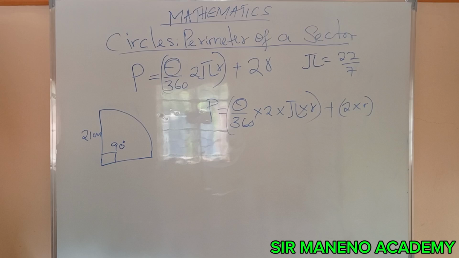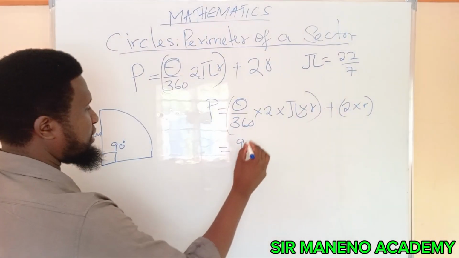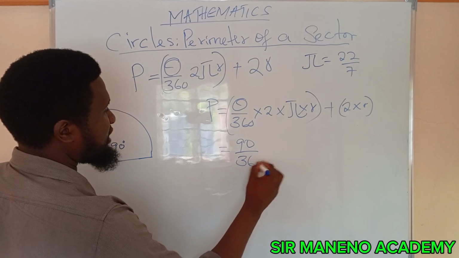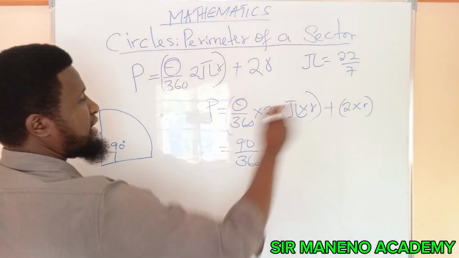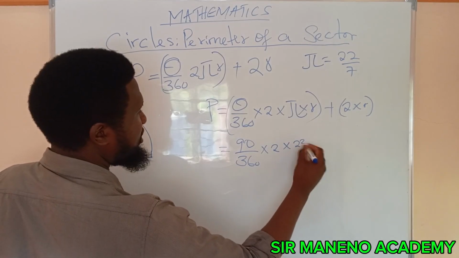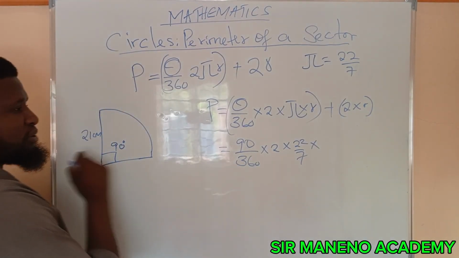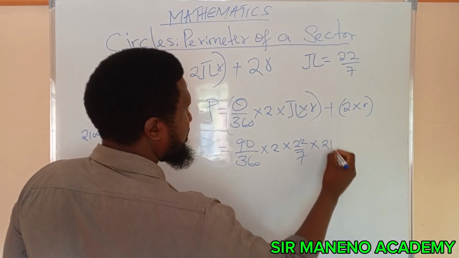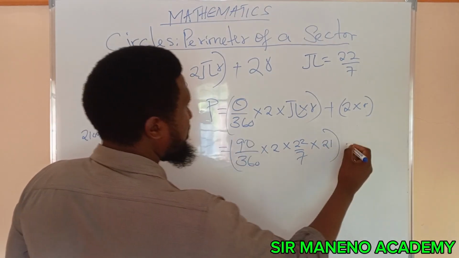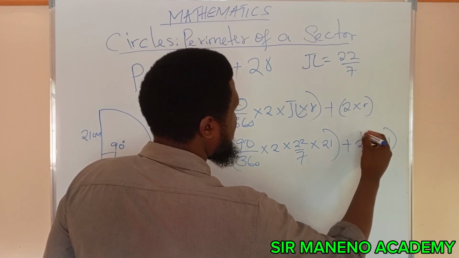So theta is 90 out of 360, times 2 times pi, which is 22 out of 7, times radius, which is 21, and all of this you add 2 times 21.